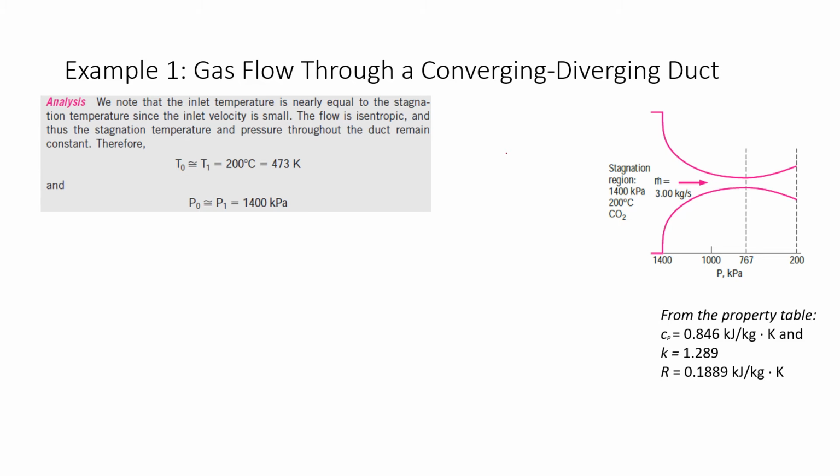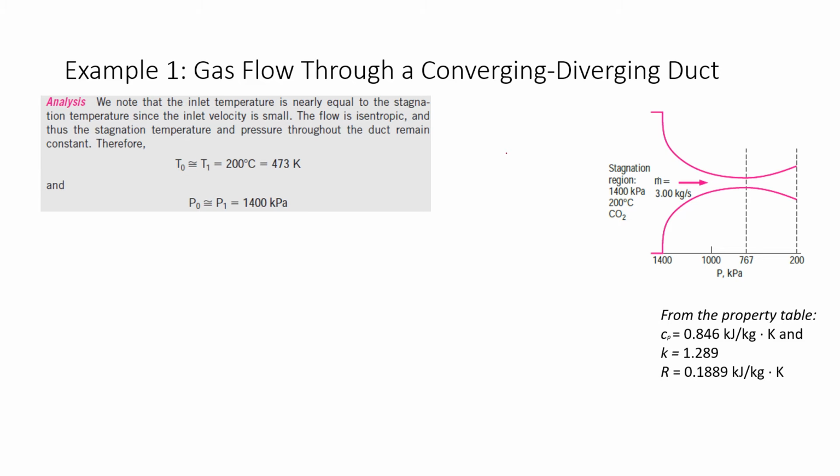So first we note that the inlet temperature is nearly equal to the stagnation temperature because the inlet velocity is small. Remember, stagnation properties are related to properties of the flow when it is suddenly brought to a stop. That means at very low or zero velocity.